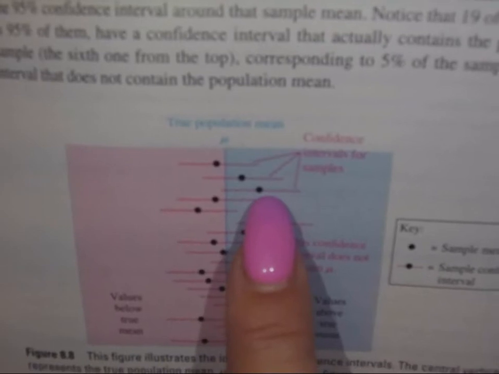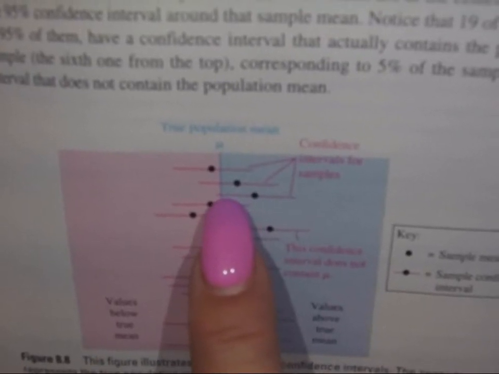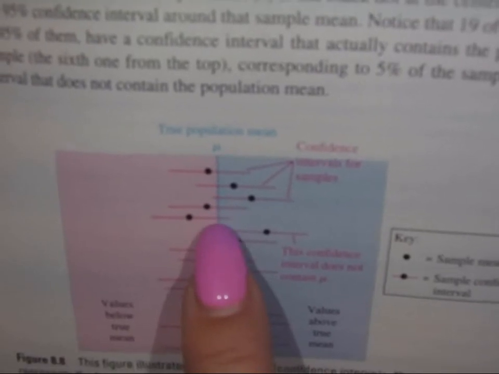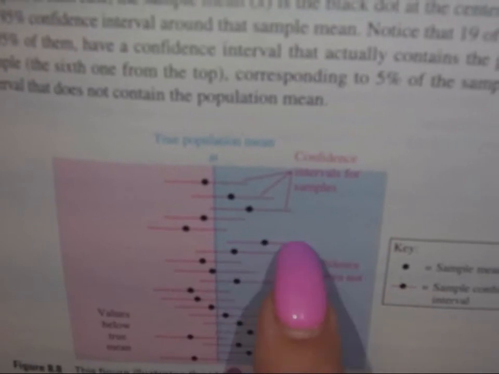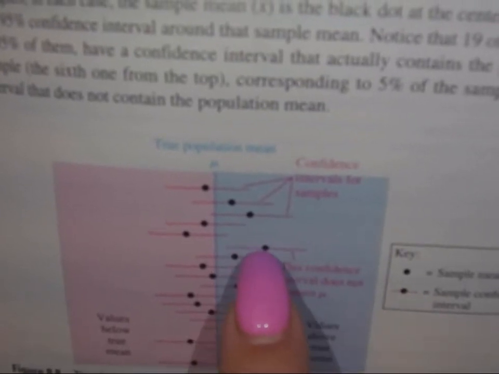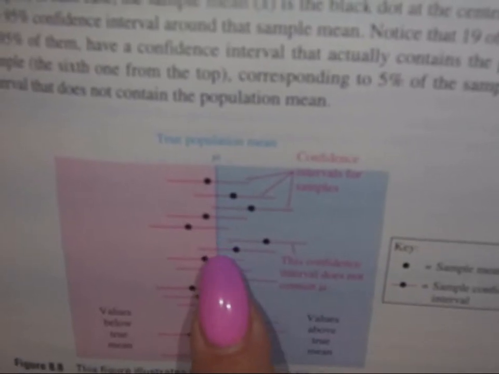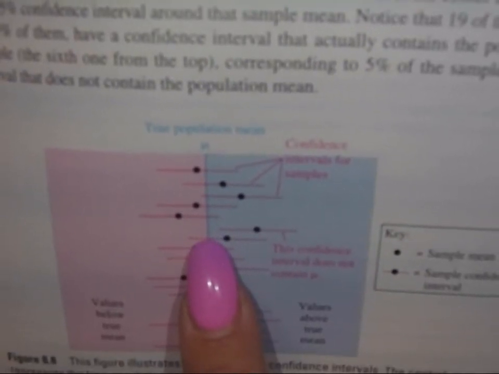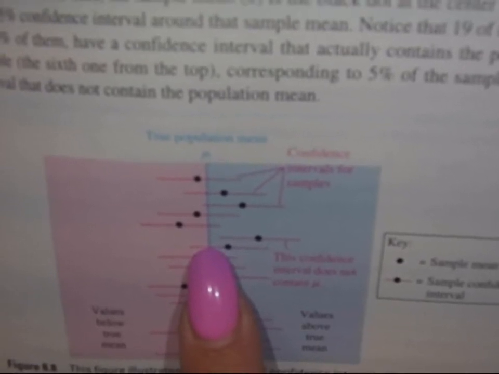In this case, it's way down at the bottom of my confidence interval, but it's still inside of there, right? And here and here. Here it's way at the top. Oh, look at this guy. This is the one where I've got my sample mean and my sample confidence interval, but mu does not fall in there. So that's the one situation that makes it 95% instead of 100%.